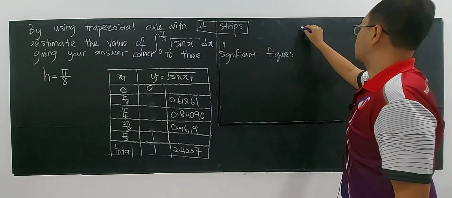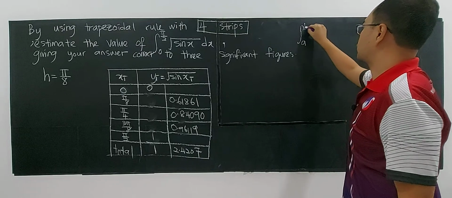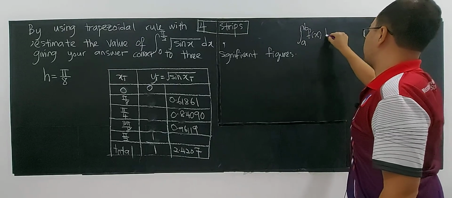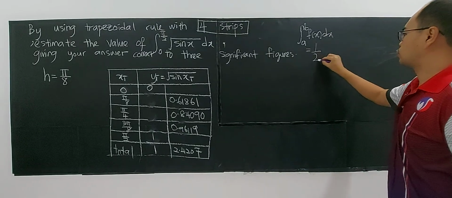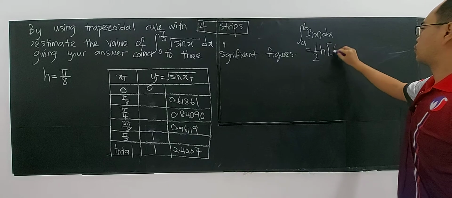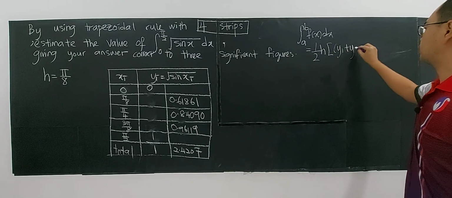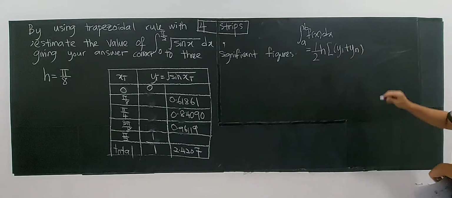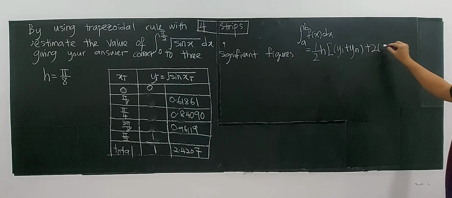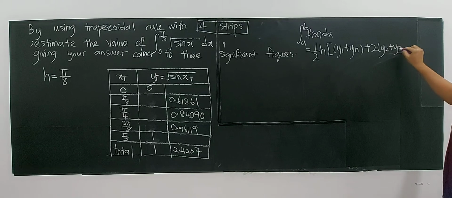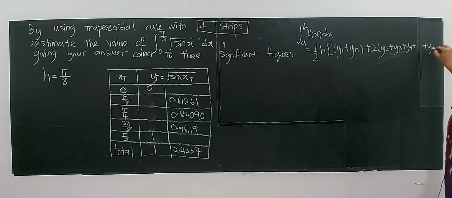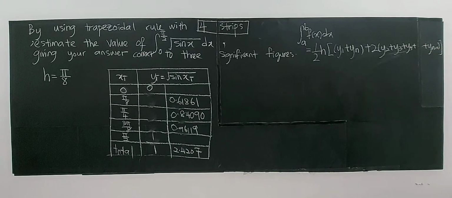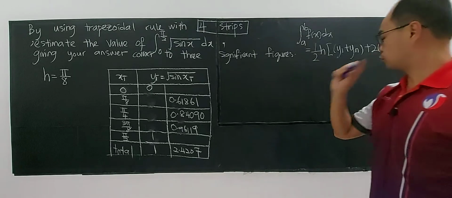As you know, the trapezoidal rule: the integral from a to b of f(x) dx can be approximated by the formula 1 over 2h of y1 plus yn, which is the first value plus the n value, followed by 2 times the sum of all the intermediate values, y2 up to yn minus 1. This is the formula, right? So now we're going to use this formula.